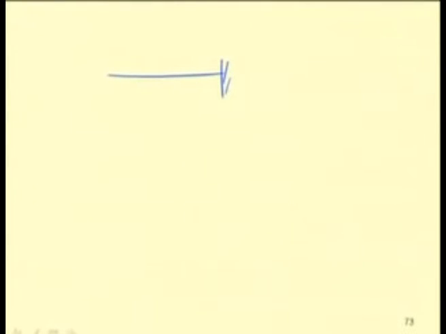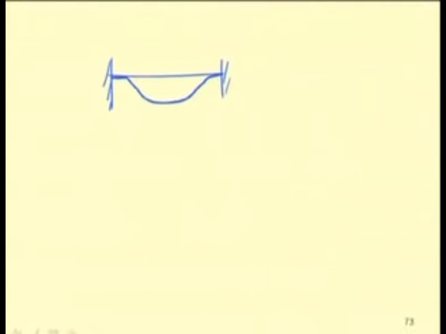In the case of this fixed beam, the displacement and slope are 0 at both the ends.